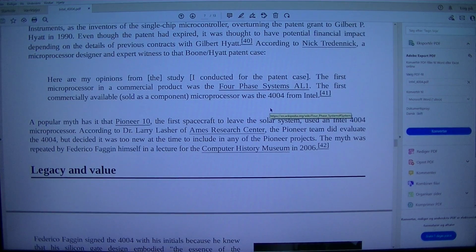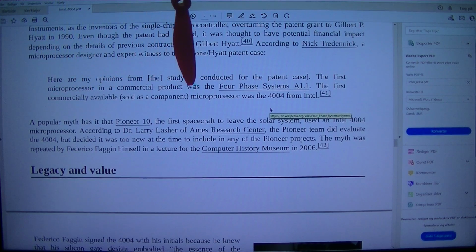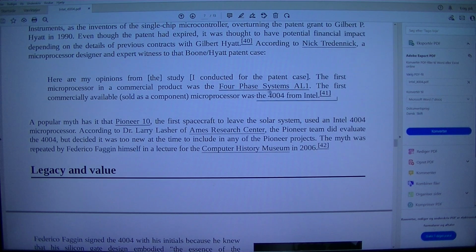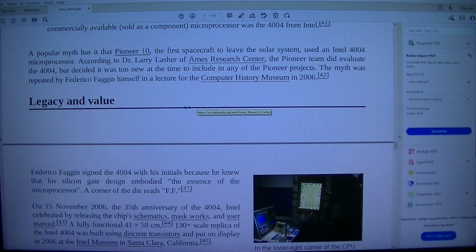Here are my opinions from the study I conducted for the patent case. The first microprocessor in a commercial product was the Four-Phase Systems AL1. The first commercially available microprocessor, sold as a component, was the 4004 from Intel. 41, a popular myth has it that Pioneer 10, the first spacecraft to leave the solar system, used an Intel 4004 microprocessor.